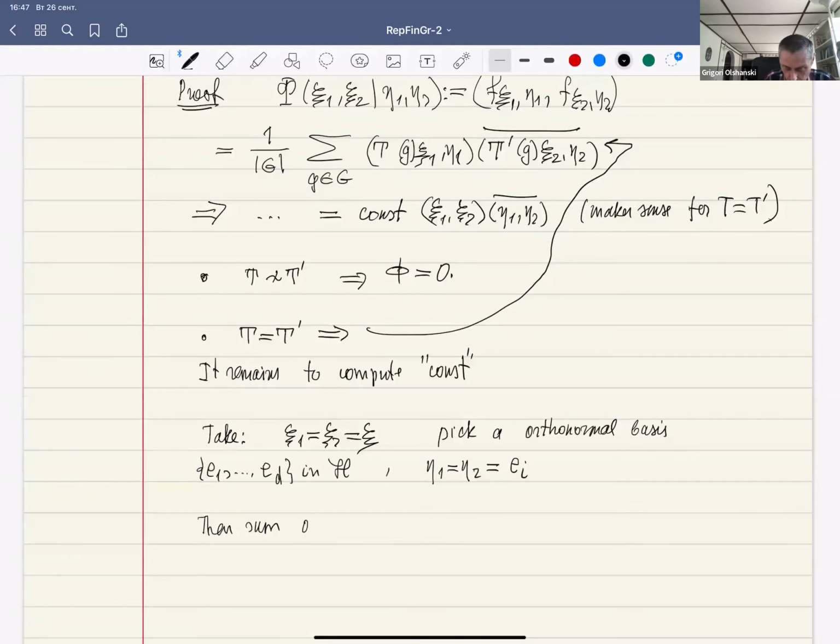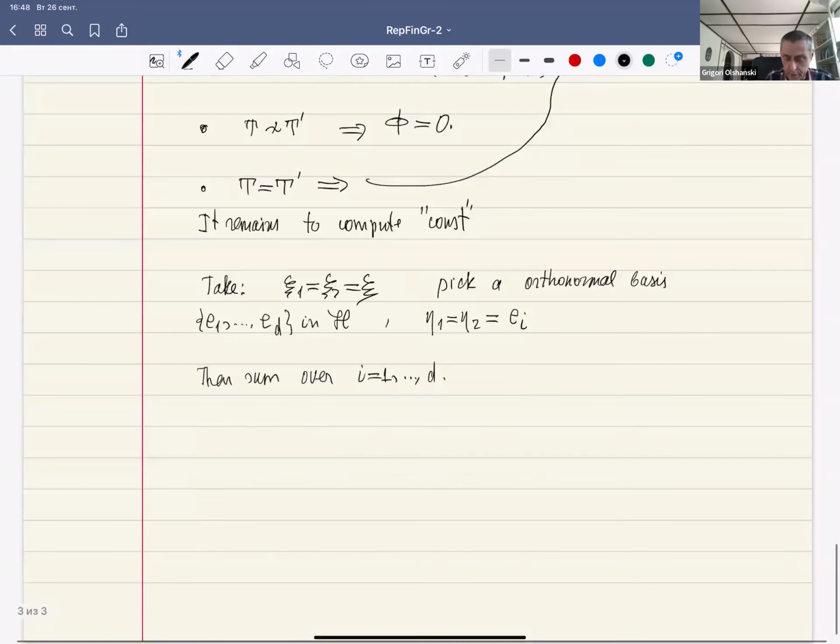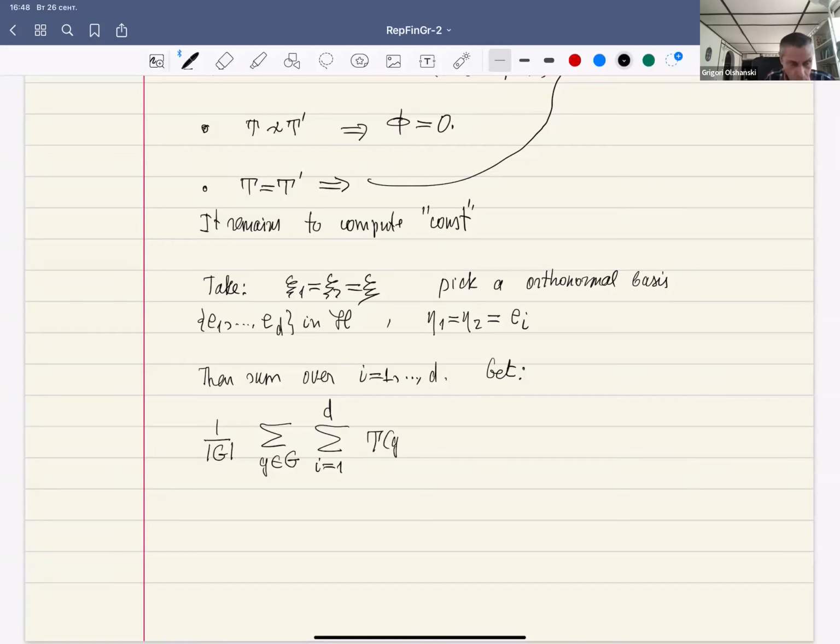over I. And what do we get? Then we get the following equality. The double sum, because I want to make summation over I, and we have this expression next.